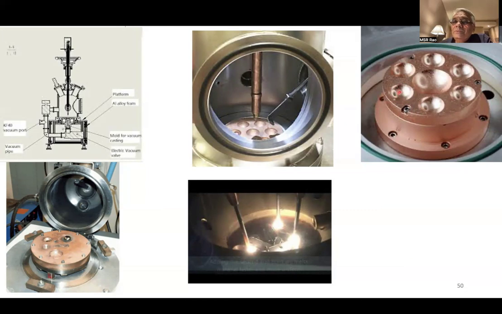I have a small piece of platinum, small piece of rhodium, and you need to know everything about their vapor pressures. If one element is vaporizing faster than the other one, you need to compensate for the loss caused by the first element evaporating faster.